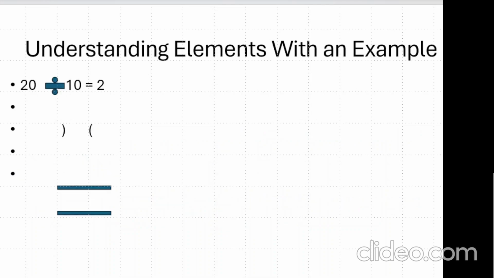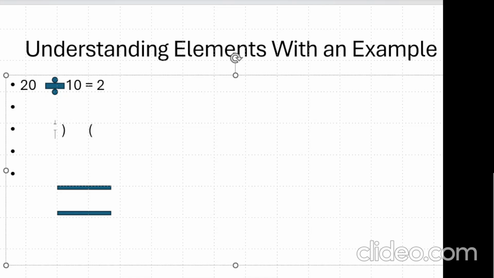Let us understand these elements with the help of an example. So I have taken 20 divided by 10. So here 10 being the divisor, dividend being 20.